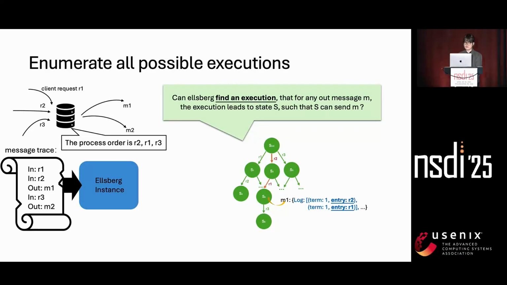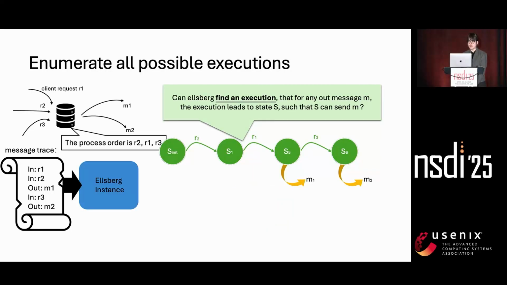Given that the log in message M1 is R2, R1, Ellsberg finds out that M1 can be inferred from S5, which is the state after applying the client requests R2, R1 in order. Similarly, Ellsberg concludes that the state S6, obtained by applying R3 to S5, can be inferred from M2.